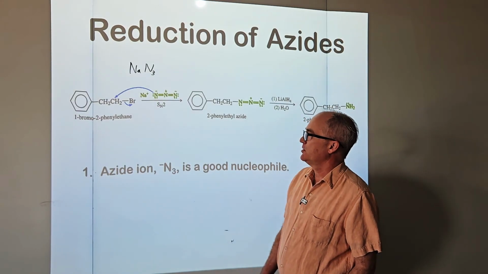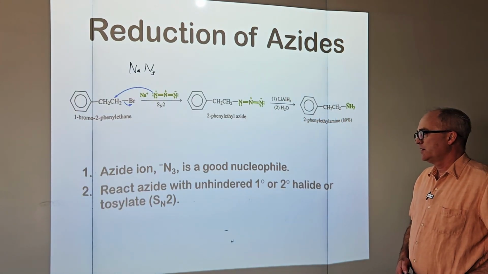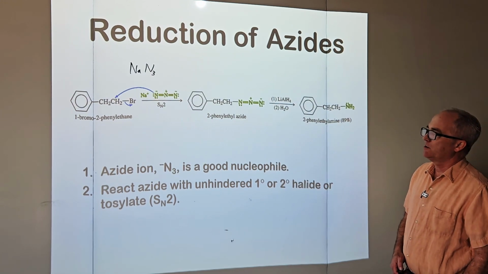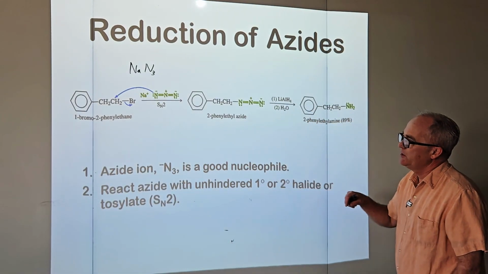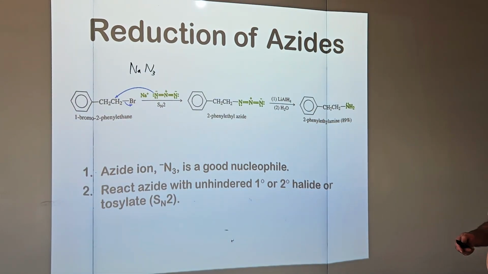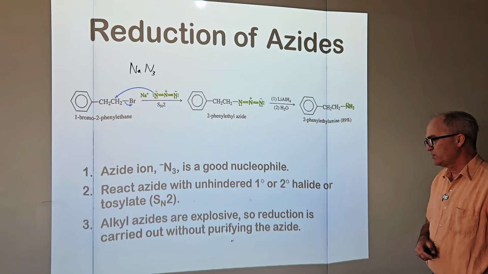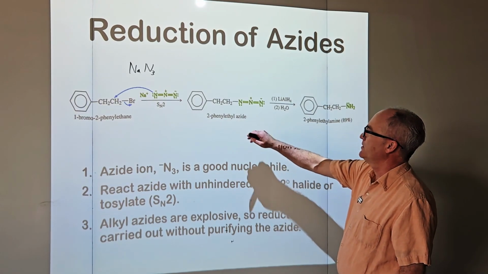So, negative charge on that, good nucleophile, and we can react this with unhindered secondary or primary halides or tosylates. Alkyl halides, the workhorse of many organic synthesis reactions. Alkyl azides are explosive, so reduction is carried out without purifying them.